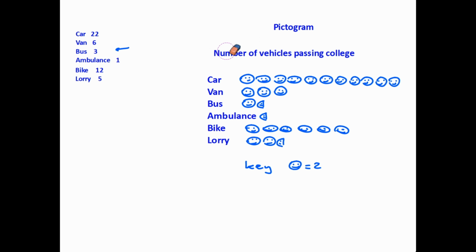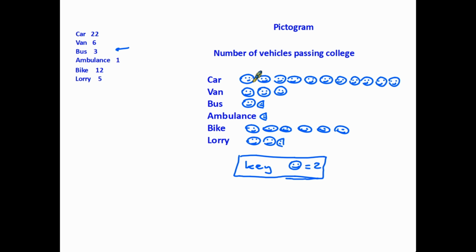So just to summarize, I've gone back to the original key now. One smiley face, and again, don't forget, you can use any little picture that you like, keep it simple. So one smiley face is equal to 2. The key has to be there. It opens up the rules for your pictogram.